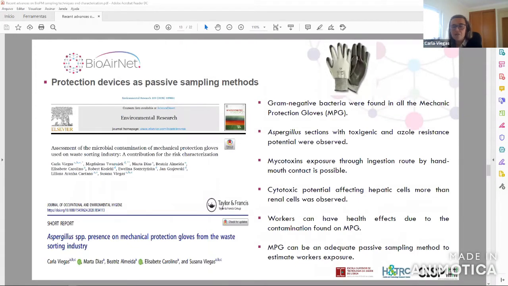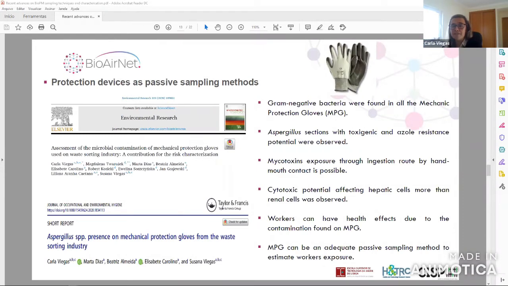Regarding the interior of mechanical protection gloves, gram-negative bacteria were found in all. Aspergillus sections with toxigenic and azole-resistant potential were observed, and mycotoxins were detected, and we should ponder the exposure through the ingestion route by hand-mouth in this case.